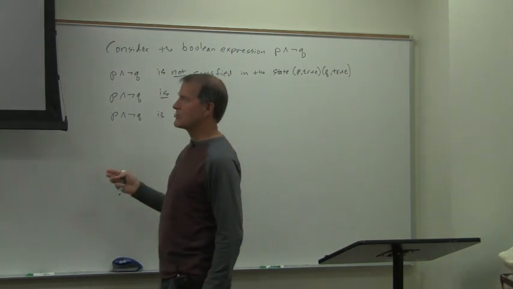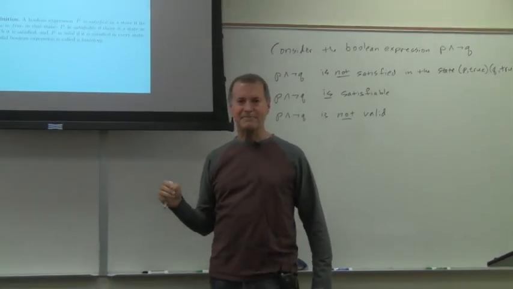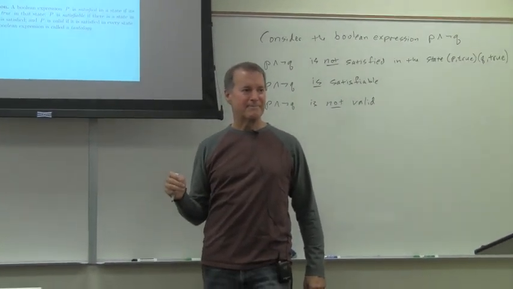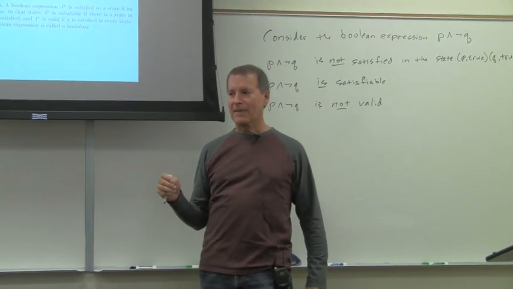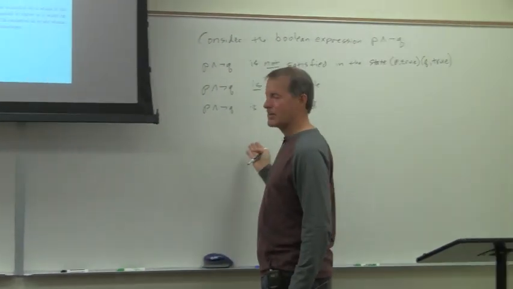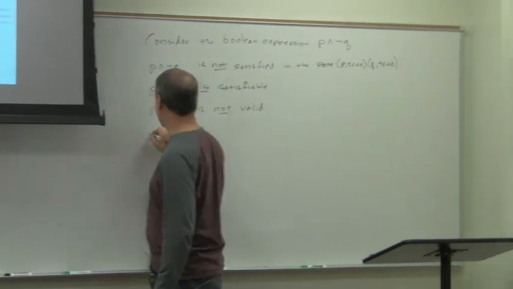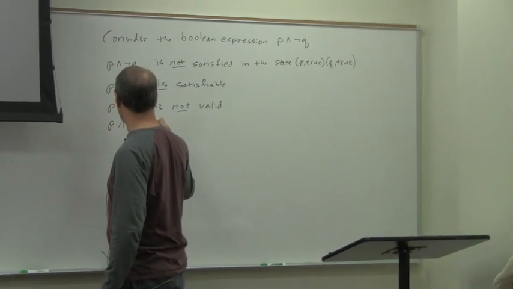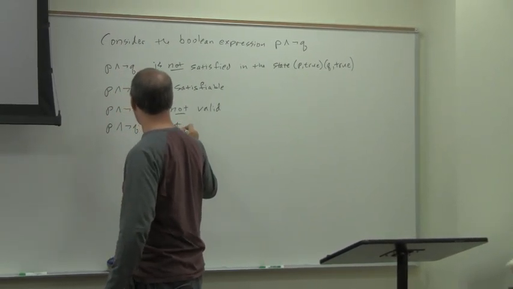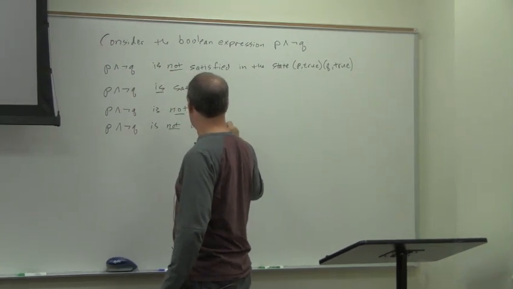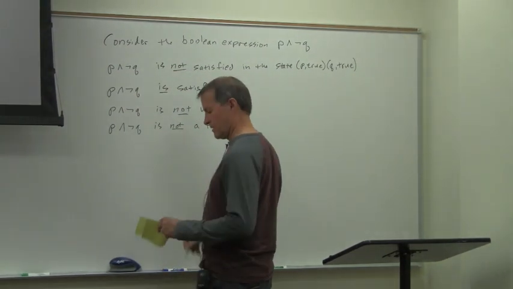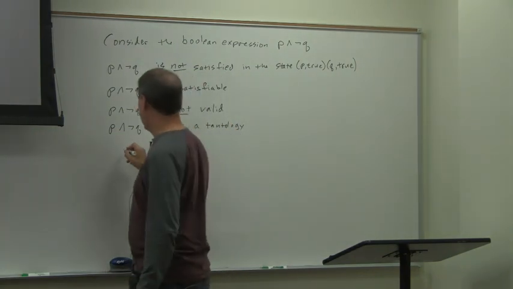Okay, so my next question is, is it a tautology? No. It's not valid. No, it's not, because valid and tautology mean the same thing, right? So P and not Q is not a tautology.